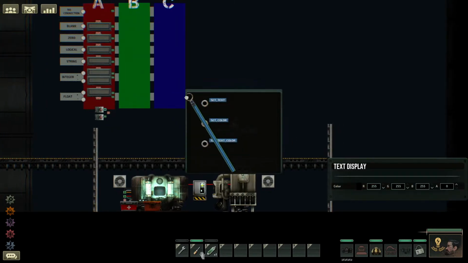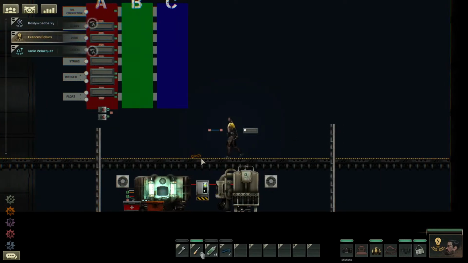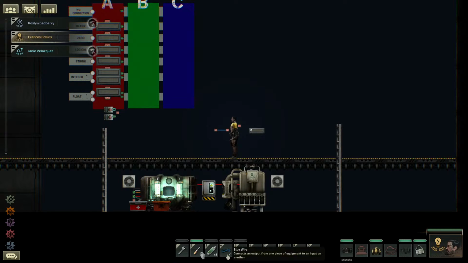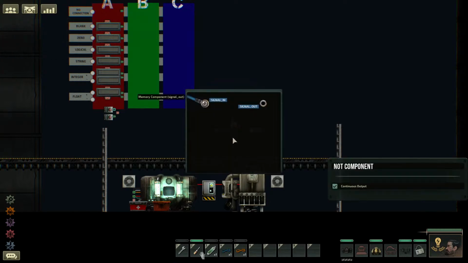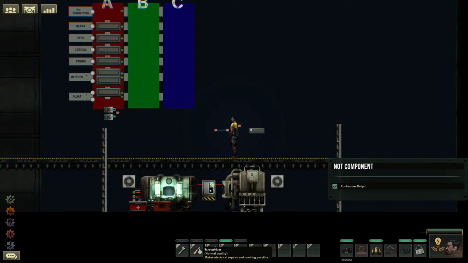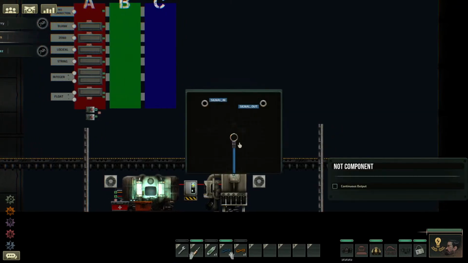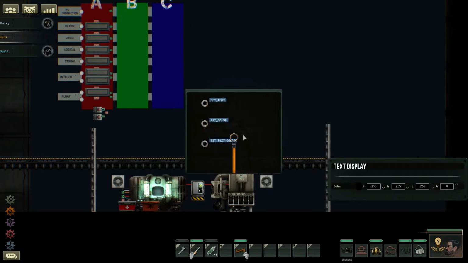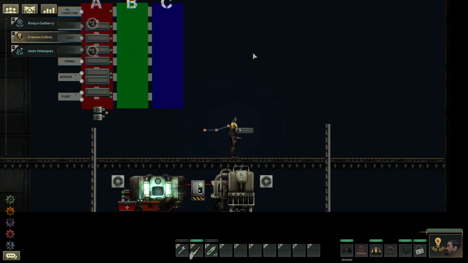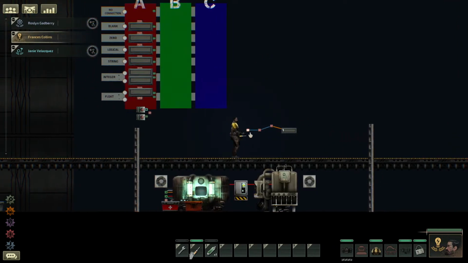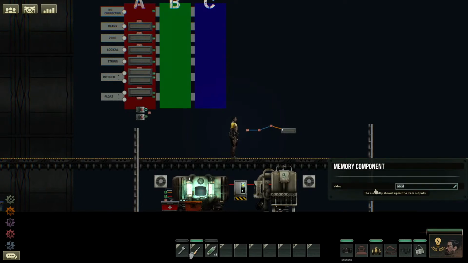Now, I'm going to unwire this here, and we're going to unwire this here. And now I'm going to put this in here. What's this going to do, if anybody can guess? It's just going to convert whatever input it receives to its logical equivalent.